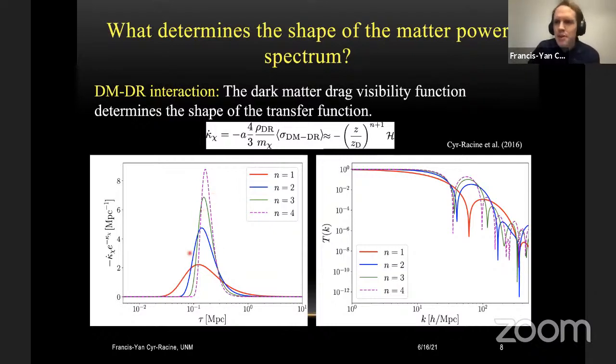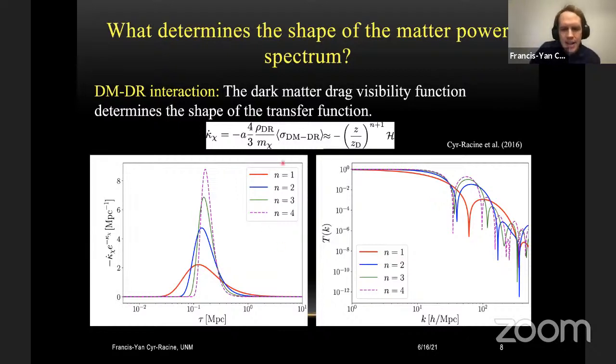And depending on the shape of this probability distribution, which I illustrate with some examples here on the left, you can have a broader shape or a narrower shape. The point here is that the broader the shape of this function is, the more damping you get in the matter power spectrum of these oscillations. And the narrower this function is, the less damped and the more well-defined these oscillations actually are.